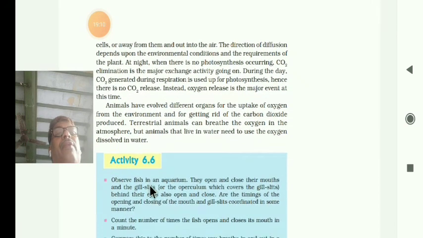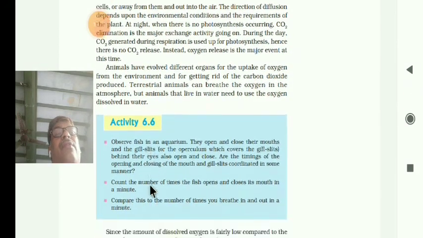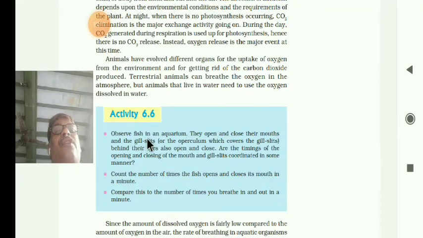For example, observe the fish in an aquarium. They open and close their mouths and the gill slits, or the operculum which covers the gill slits behind their eyes.